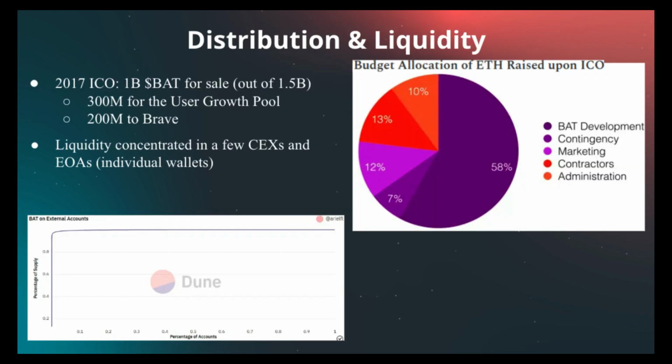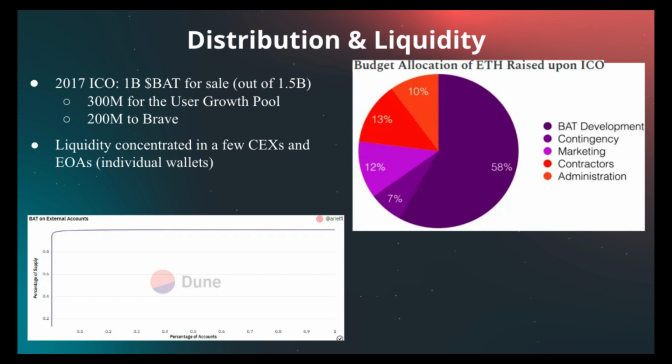Awesome. Well, keep going. All right, so now about distribution and liquidity. I think that's kind of a sensitive topic. Maybe a hot topic for the BAT token, at least the way I see it. So, first, the token was launched in 2017. They had an ICO, which was quite trendy at the time.